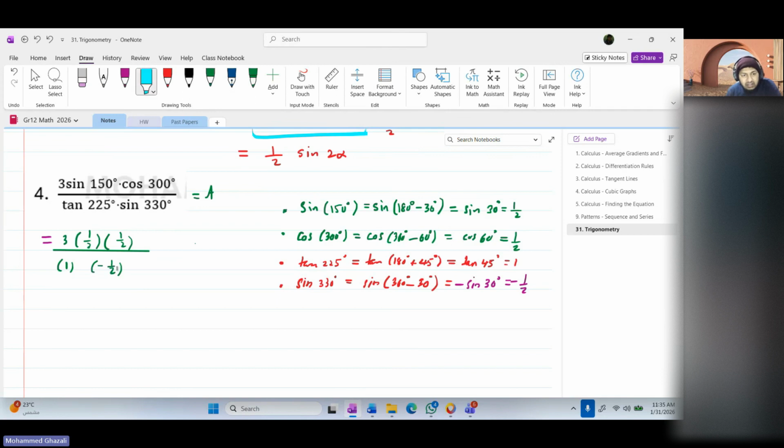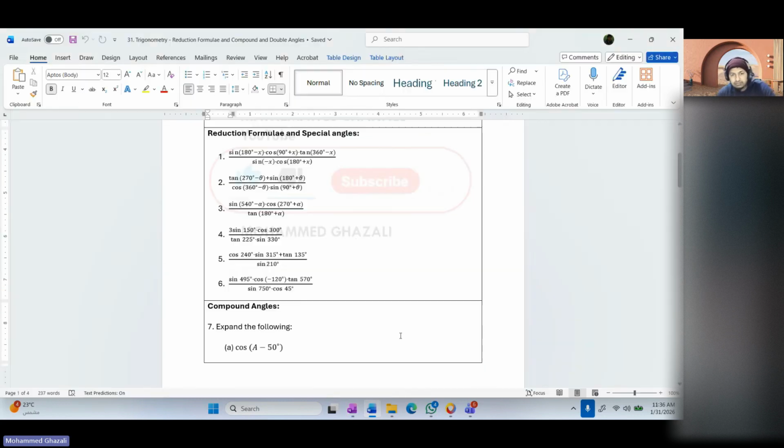Okay, so I'm going to cancel out negative half and a half. Right, so I have 3 times half, and I can't cancel out the negative. It's just half and a half. The negative still remains. So my answer is negative 3 times half. Everything canceled out on the denominators. There's nothing left. So negative 3 over 2. Right, so that's my final answer. Move on to the next question.